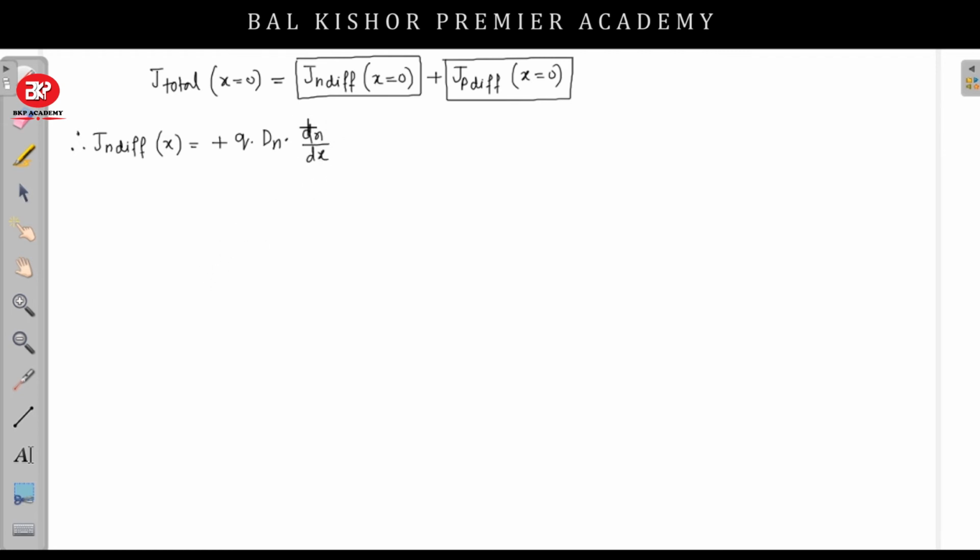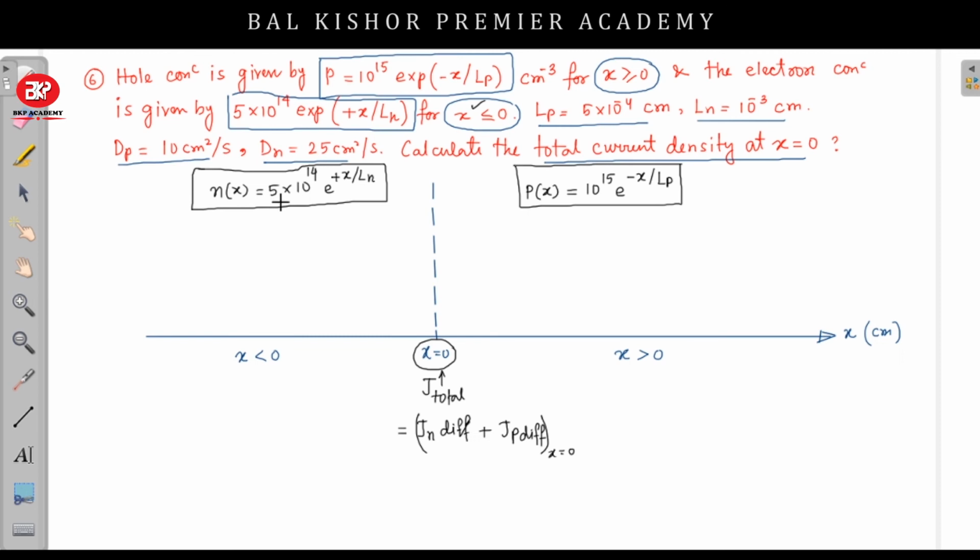Now we have to find the dn by dx, because dn by dx we do not have. The n of x value was given like this. What was the n of x value? 5 into 10 to the power 14 into e to the power x by Ln.